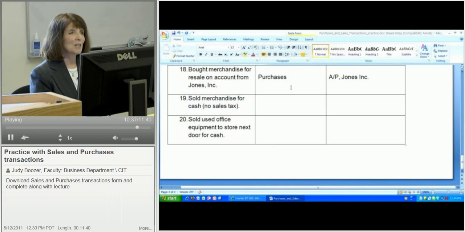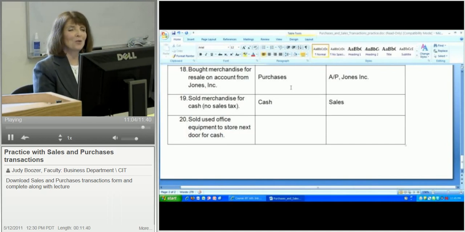19. Sold merchandise for cash, no sales tax. Is the debit sales? Thank you. Cash is the debit because we're receiving cash. And sales is the credit because revenues are credits. And the last one, careful, sold used office equipment to store next door for cash.